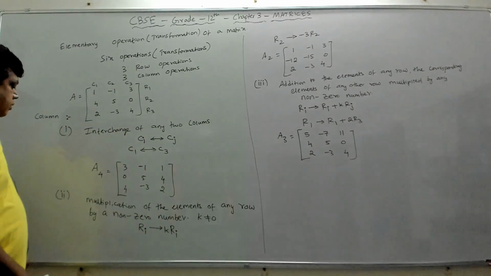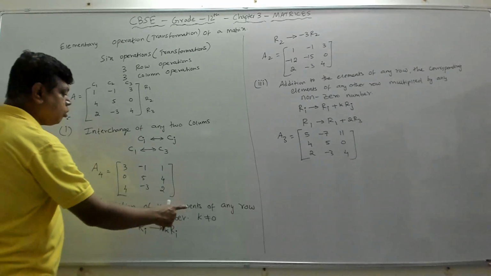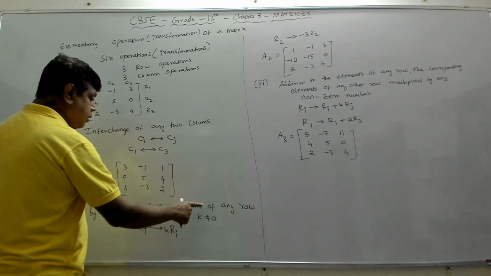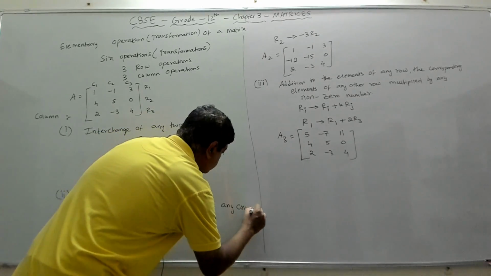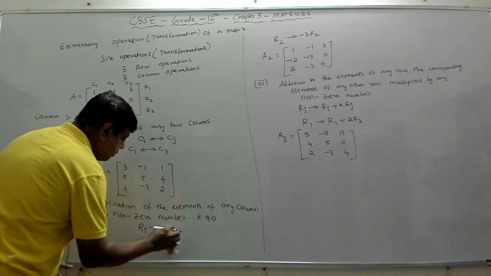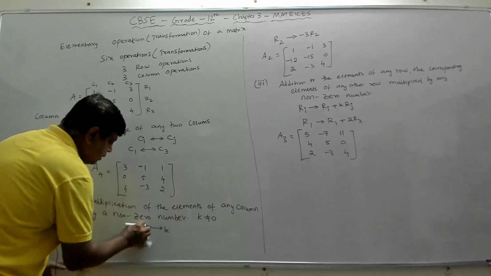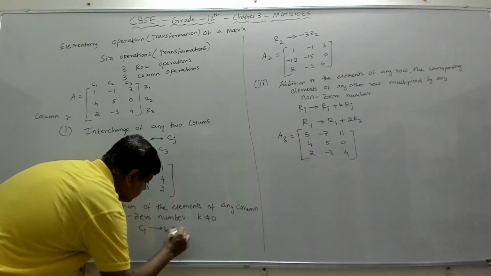So A4. And then the second operation on the column is multiplication of the elements of any column by a non-zero number. So symbolically we will say Ci implies k times Cj.